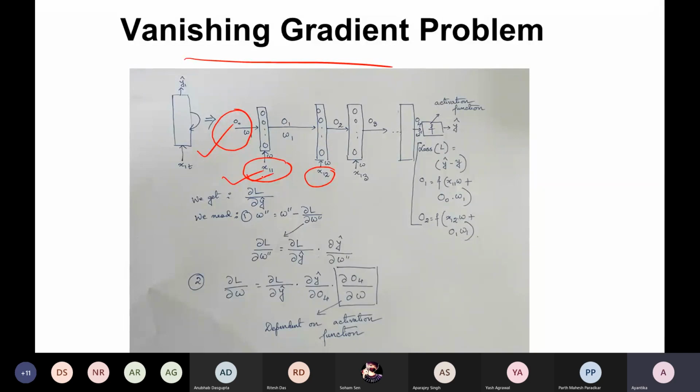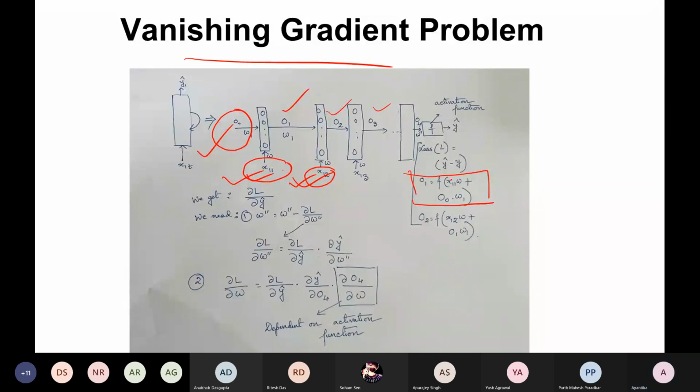At some timestamp t1, you get this input. At timestamp t2, you get this input, and so on. Whenever we get some output from the previous layer, we multiply it with some weight, and then we get some output to the next layer, O1, O2, O3. They are also passed through some activation function. Here you can see the general representation of this output.